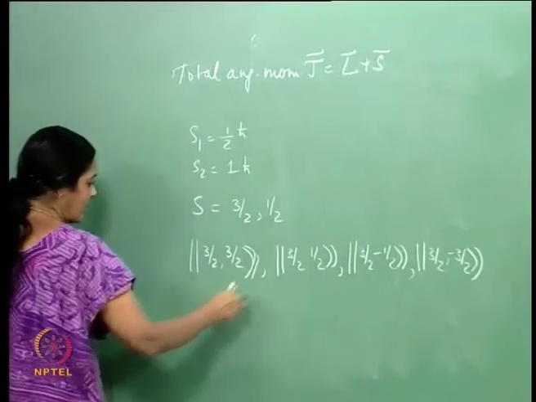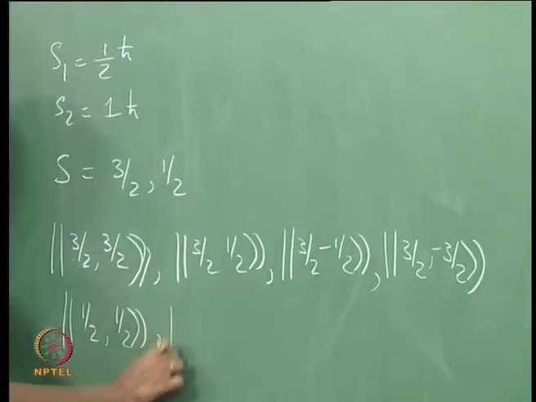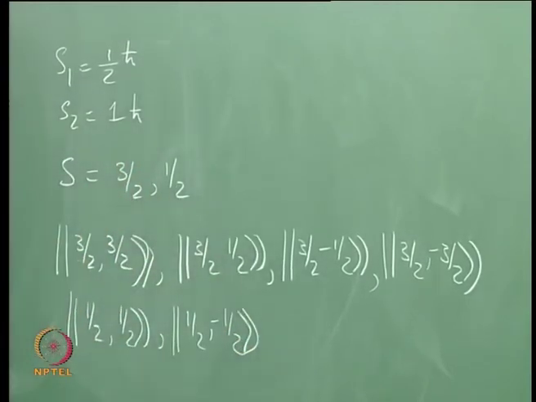This was the spin quartet, and of course there was a spin doublet which was half, half and half, minus half. You will recall this from earlier lectures on angular momentum.